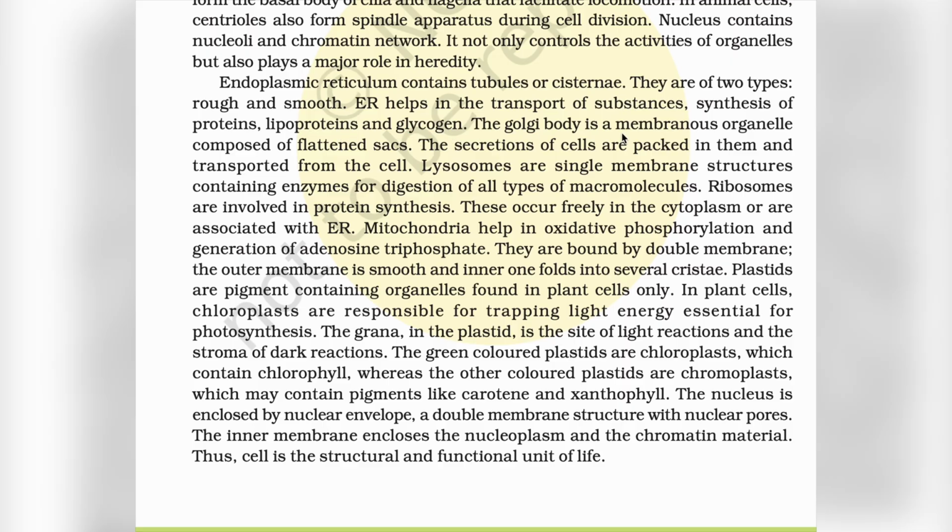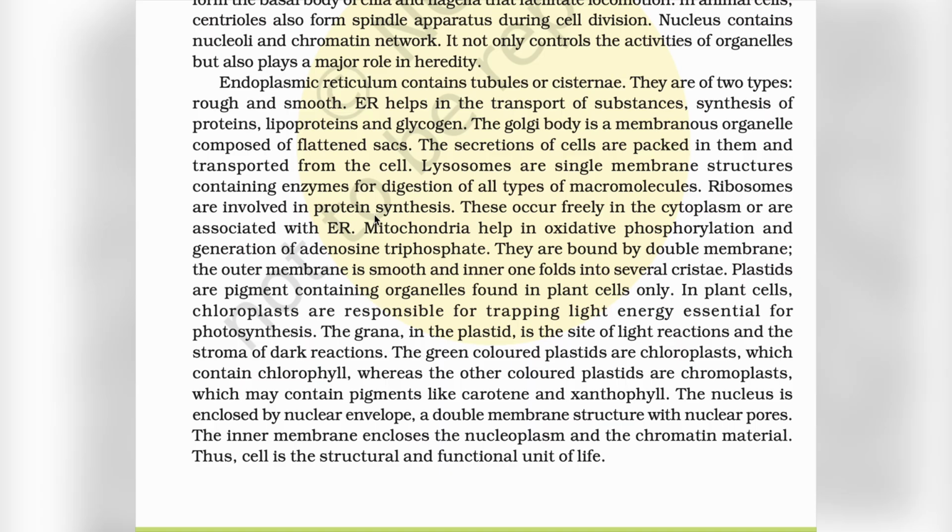The Golgi body is a membranous organelle composed of flattened sacs. The secretions of cells are packed in them and transported from the cell. Lysosomes are single membrane structures containing enzymes for digestion of all types of macromolecules.